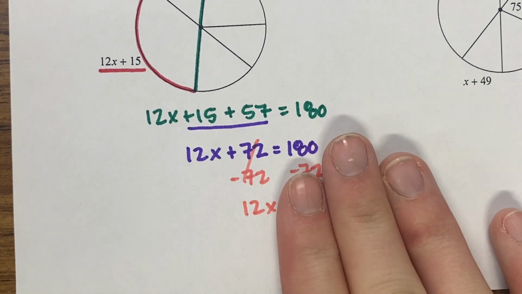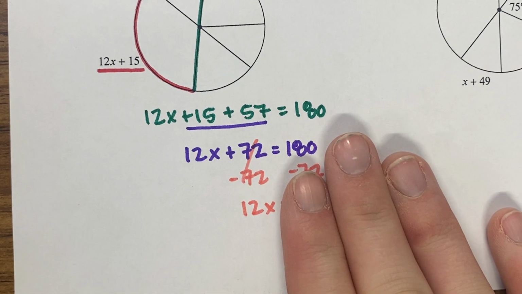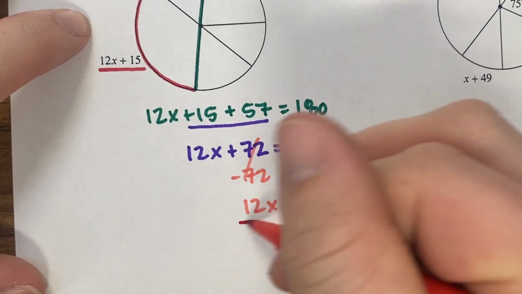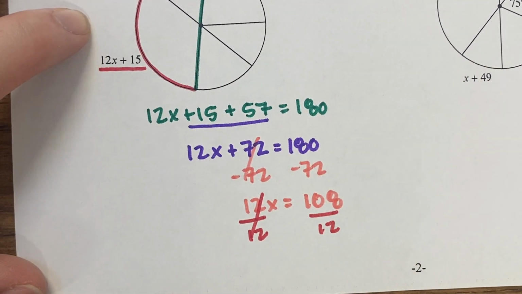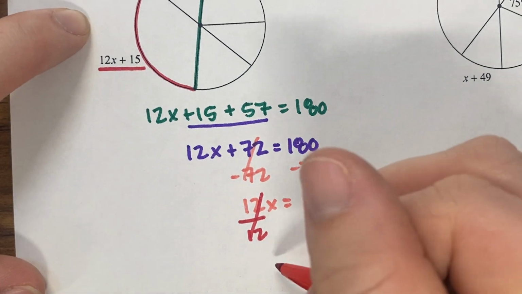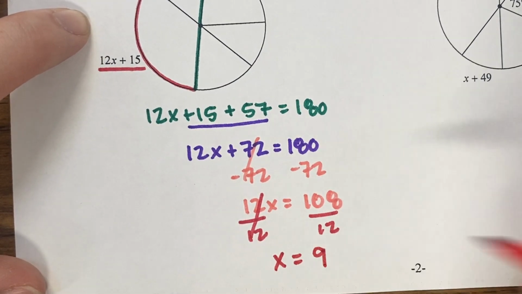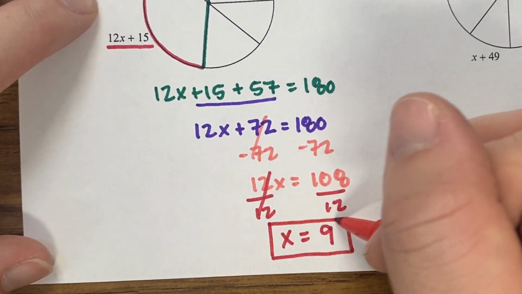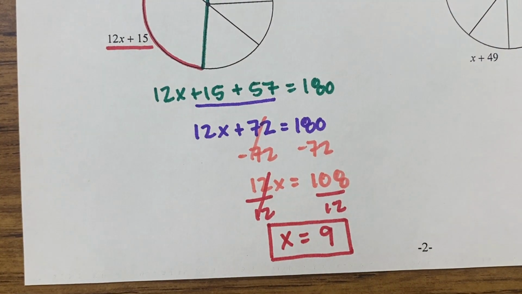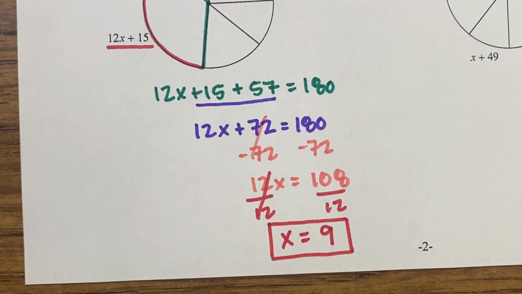My last step to get x by itself is the opposite of times by 12, which is divide by 12. So 108 divided by 12 gives me x equals 9. And there we go.